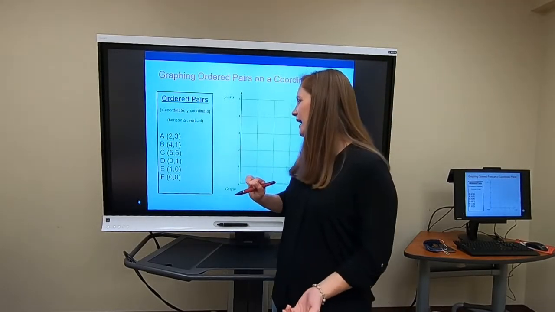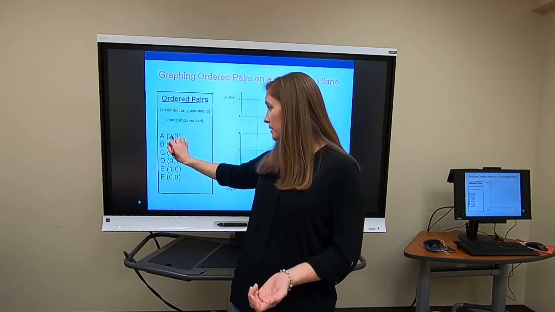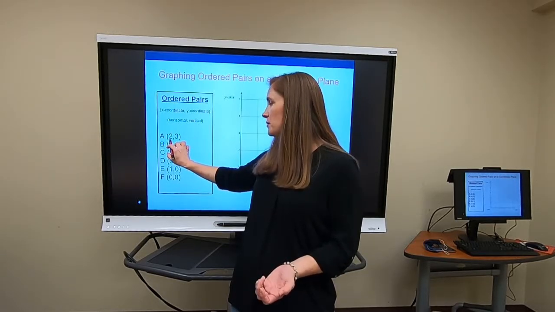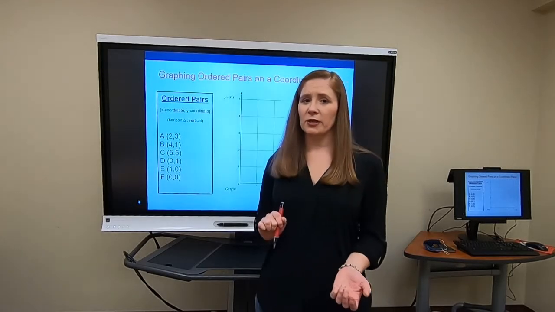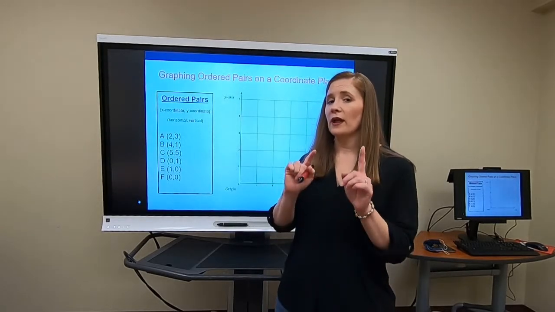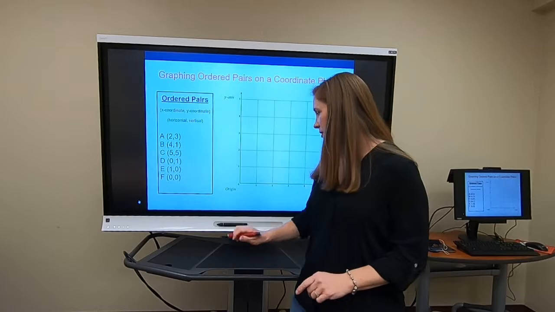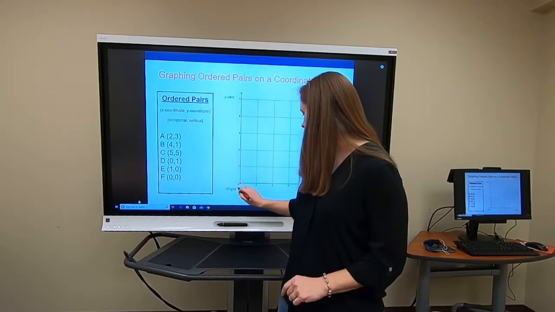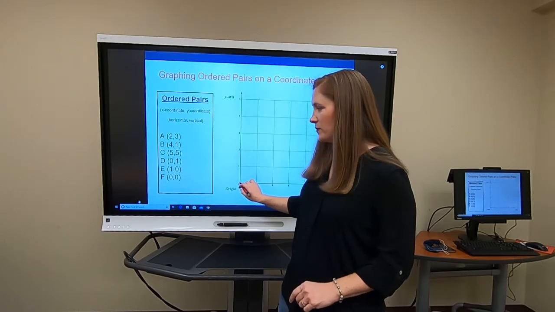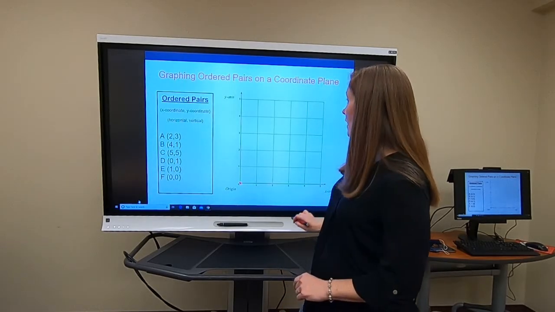So let's try this. We have point A, and it says that its ordered pair is 2, 3. So 2 tells me my horizontal direction. So where do I start? Do you guys remember? I start at the origin. Always start right here at the origin. That's not my point, that's where I'm starting. I just wanted to label it for you guys.